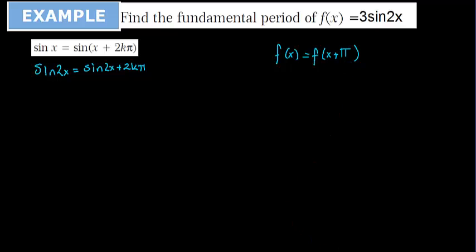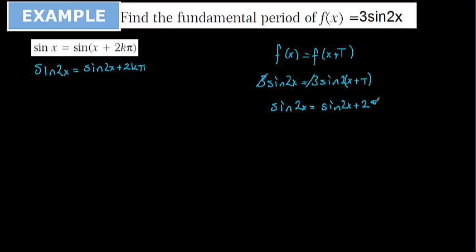Pardon, not pi, it should be T. Then 3 times sine 2x is going to be equal to 3 times sine of 2 times (x plus T), which is 2x plus 2T. I distribute indirectly here, but let me go step by step. Then 3 and 3 you may simplify, and we have sine 2x equal to sine of 2x plus 2T.